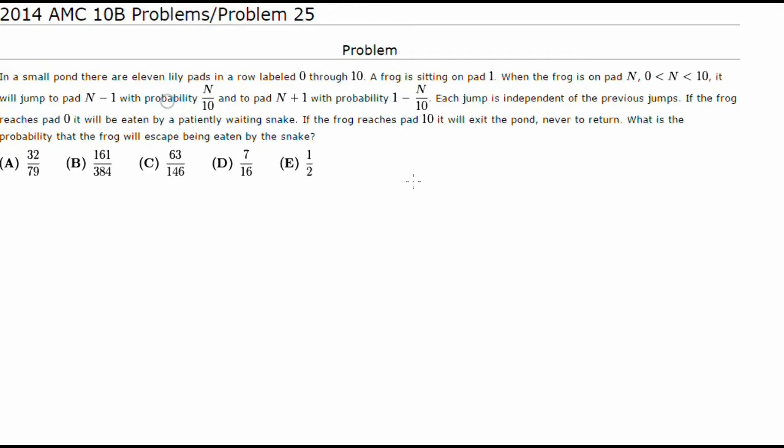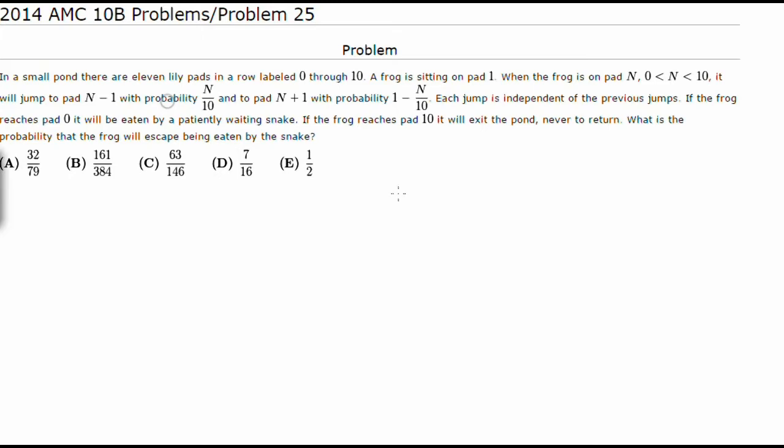So on pad 5, the probability of reaching pad 0 from pad 5 and the probability of reaching pad 10 from pad 5 is equal. It's a chance of 1/2. If you think about this, probability going backwards is 5/10, probability going forward is 5/10. And from then on, the probability of reaching their respective pads for 0 and 10 are the same. Conditions are the same, except they're just reflected across pad 5.